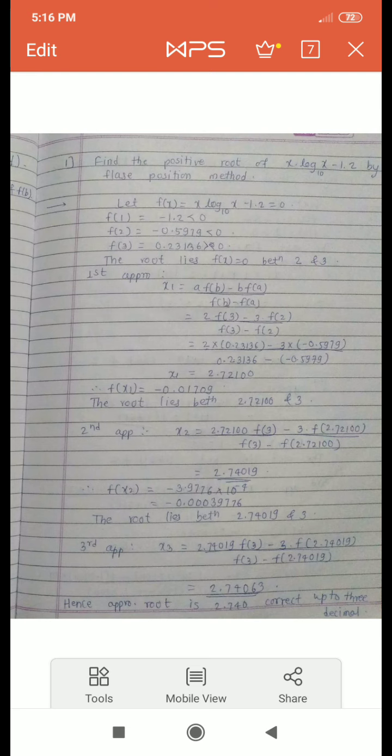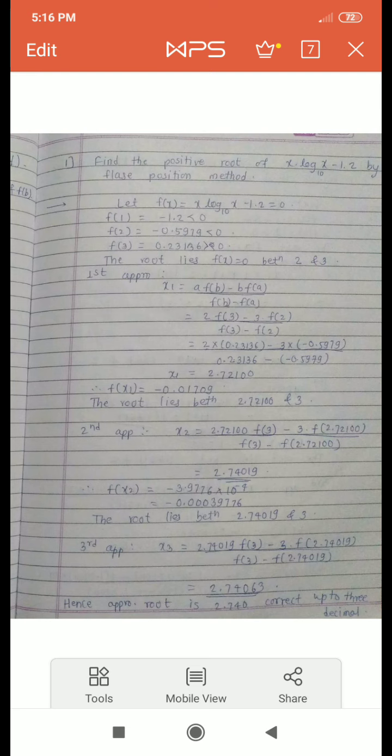Now the first approximation x1 is equal to A into f of B minus B into f of A divided by f of B minus f of A. Here A is equal to 2 and B is equal to 3. After replacing these values and calculating, we get x1 is equal to 2.72100.